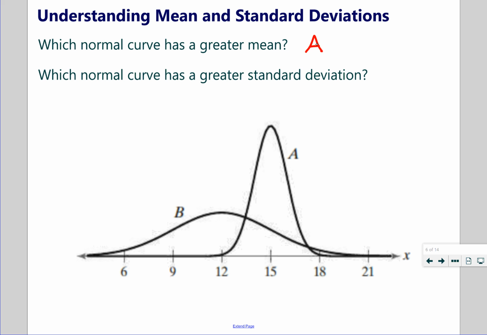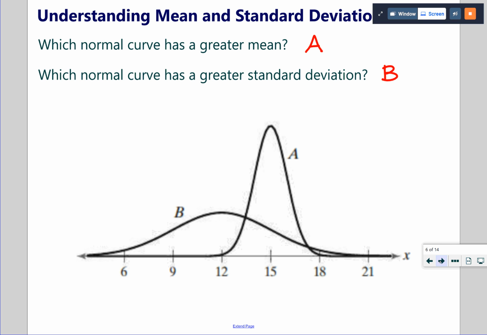Because the middle is farther to the right. Yeah, the middle line, your line of symmetry is where your mean is, and it just happens to be further to the right here. So we would see B has lower mean. Make sense? And then standard deviation, which one has a greater standard deviation? B. Why? More stretched out. It's more spread. Yeah. Good.